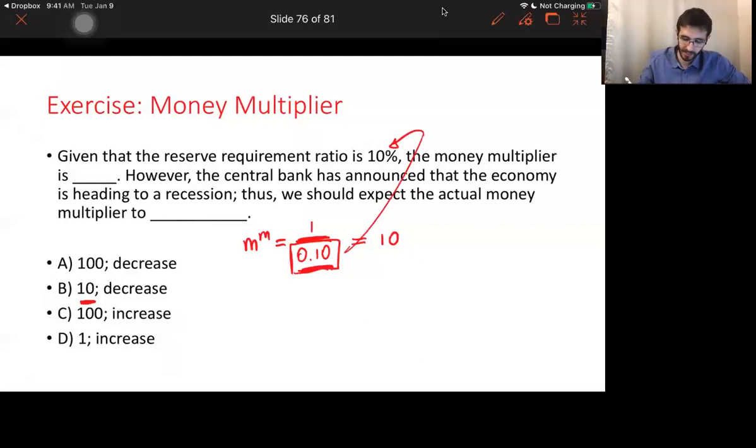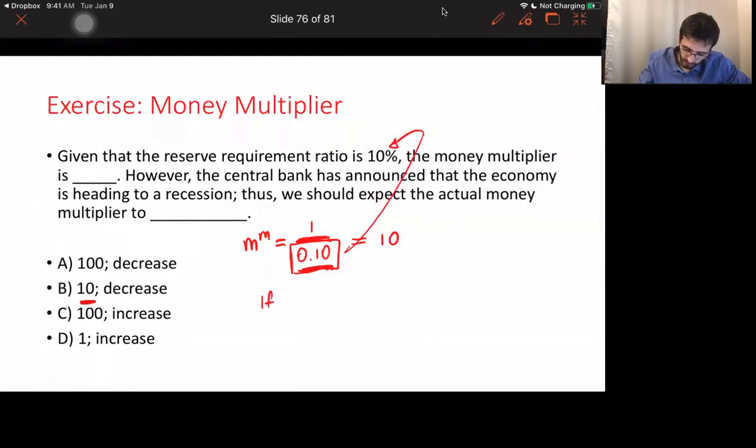And if that's the case, the banks' actual reserve ratio is going to be higher than 10%. Just so we can see how this works out, let's say it increased to 20%, so you can see the impact on this measurement.